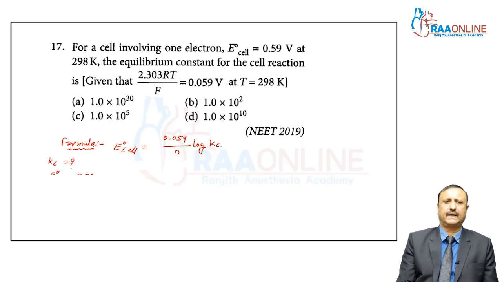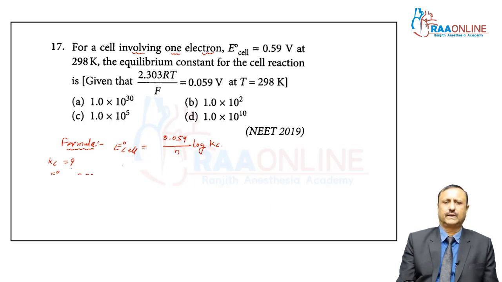Here n is the number of electrons. If n is not given in the question, what happens? But here n is given in the question: the cell involves 1 electron. So n is equal to 1.